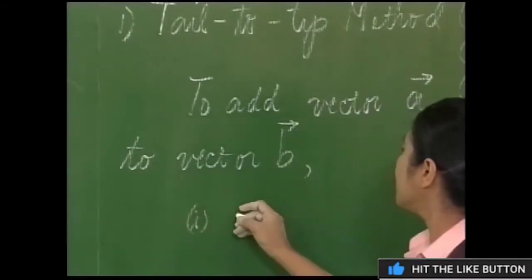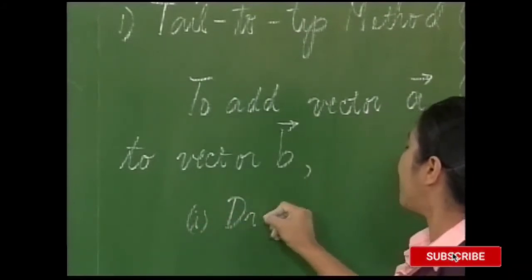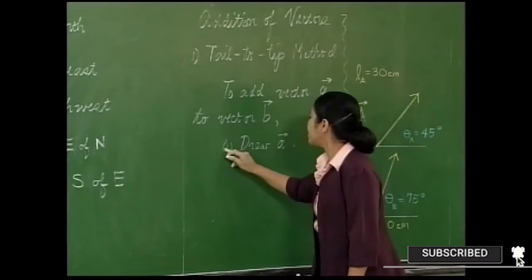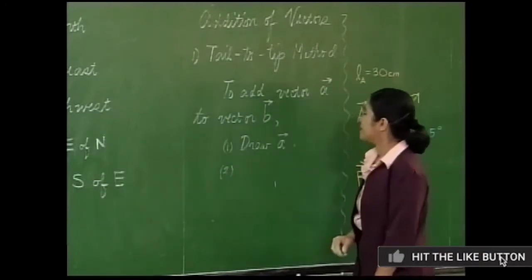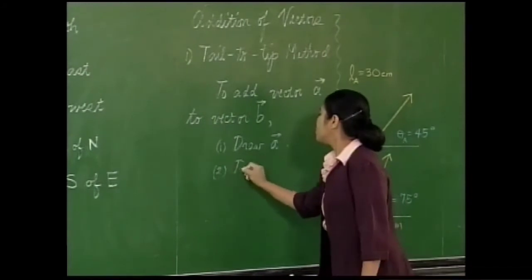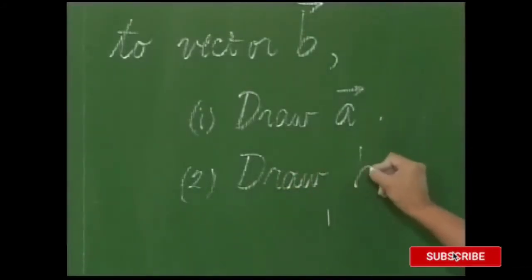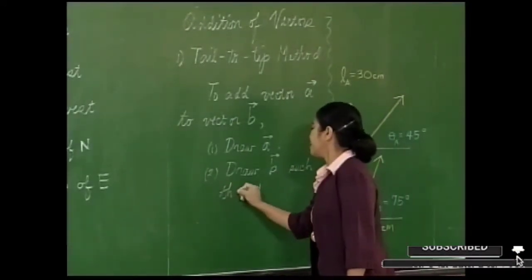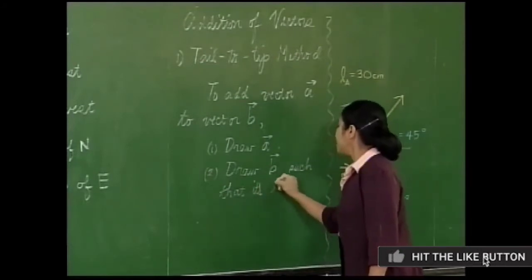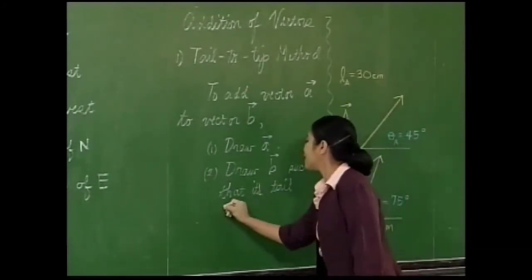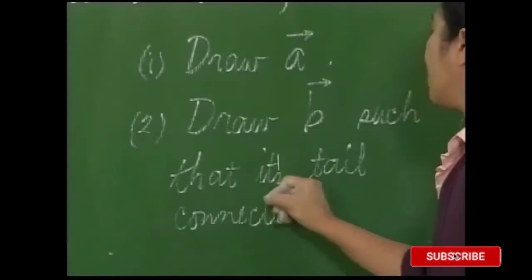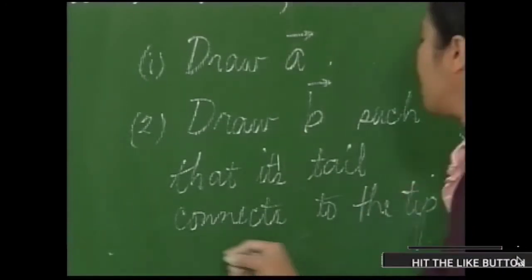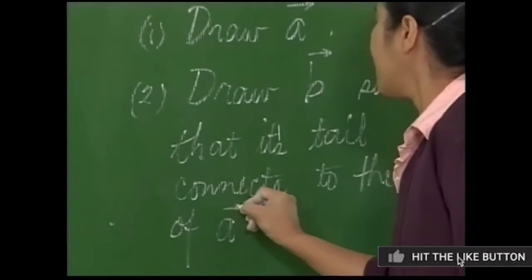Step 1, draw vector A, and then your next step is draw vector B such that its tail connects to the tip of vector A.